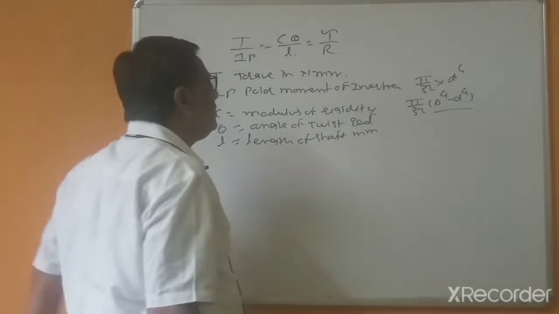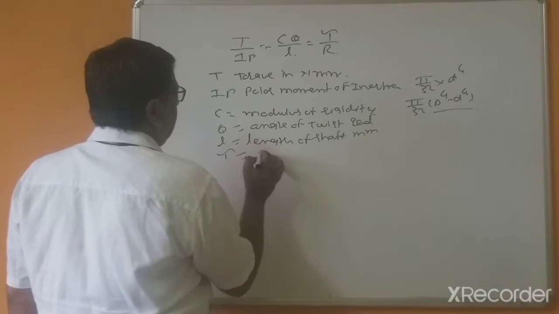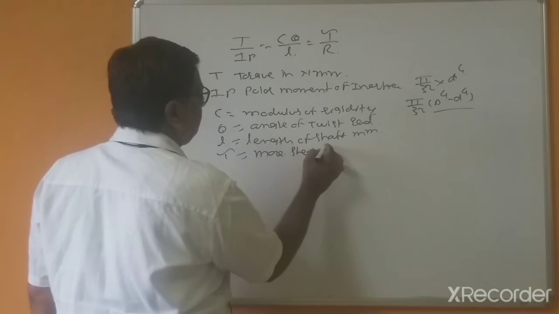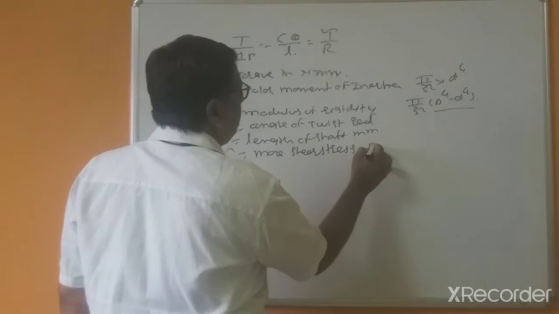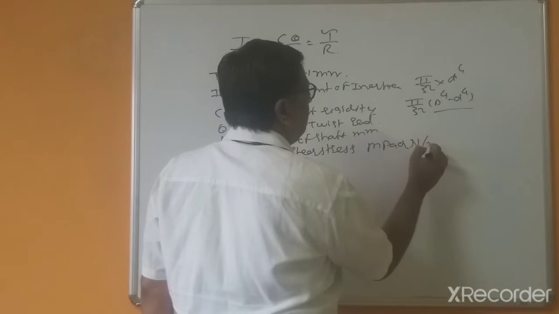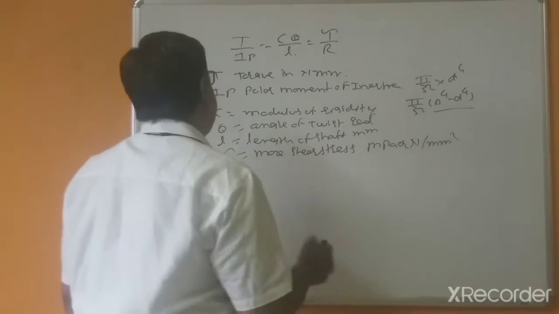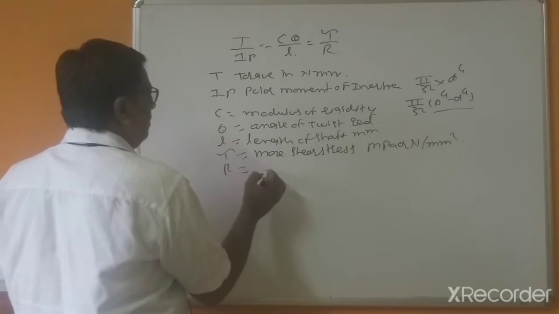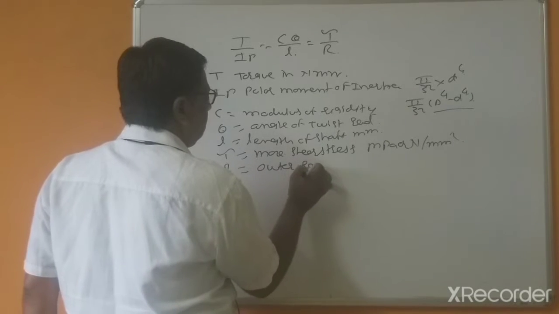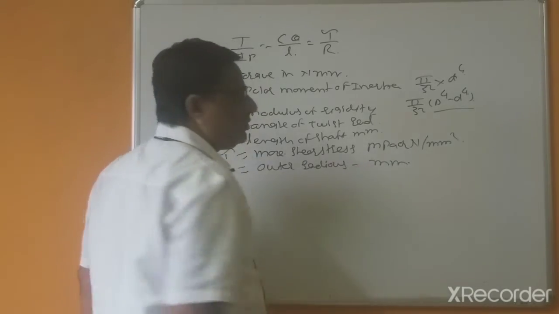This is to be considered, as it may be given in meters. Tau is the maximum shear stress, unit megapascal or Newton per mm squared. R is the outer radius, and this is also in mm.